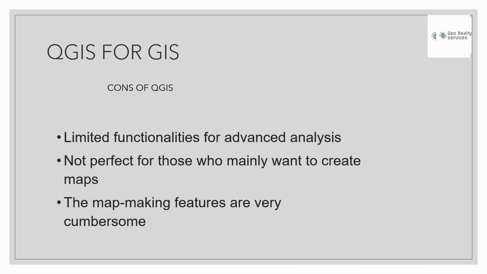As much as this application is the best in the market in terms of data viewing, editing, and analysis, many people wouldn't recommend it to people who mainly want to create maps. The map making features are very cumbersome. This is why many people, especially those that want to create maps, don't choose Quantum GIS.